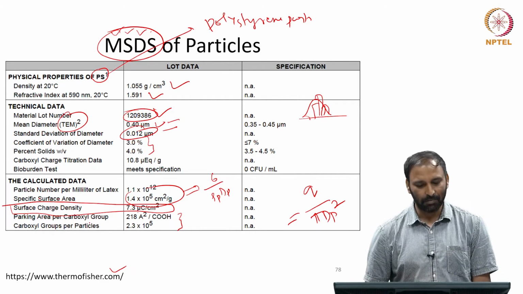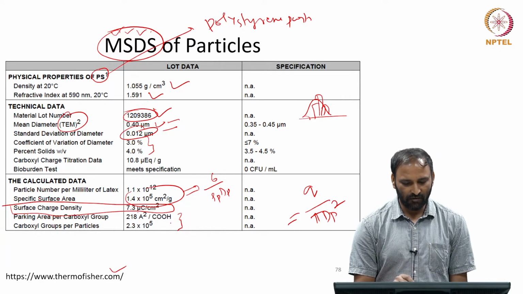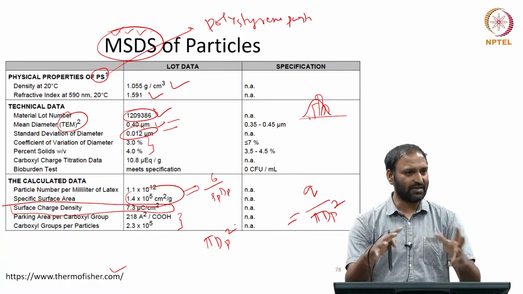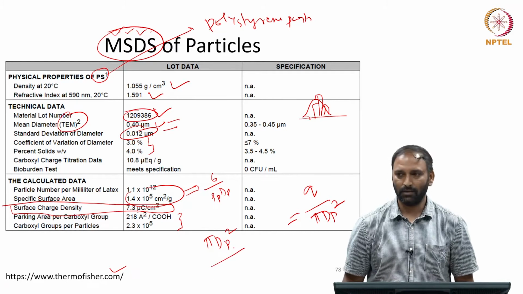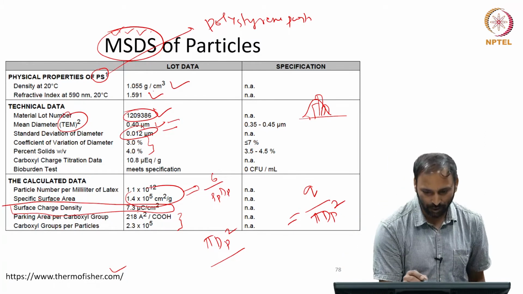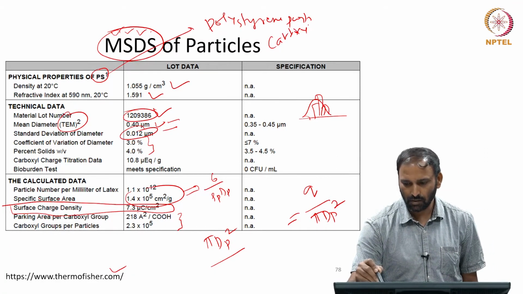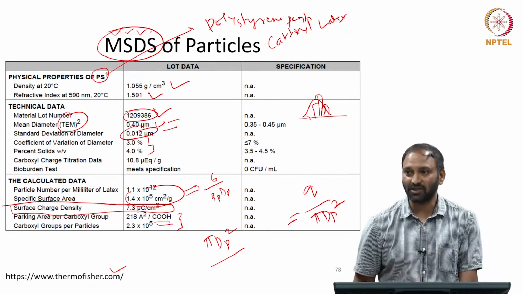Packing area per carboxyl group. If you look at the surface area, pi dp square, that will give you the total surface area. Now, I divide that by the number of charge groups on the surface. This is an example of what is called a carboxyl latex, which means it has carboxyl groups on the surface.